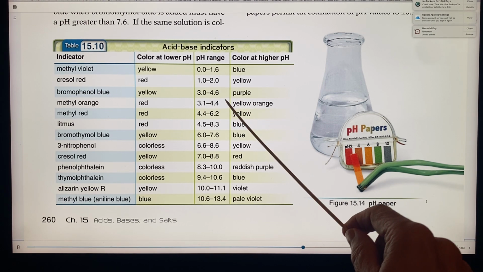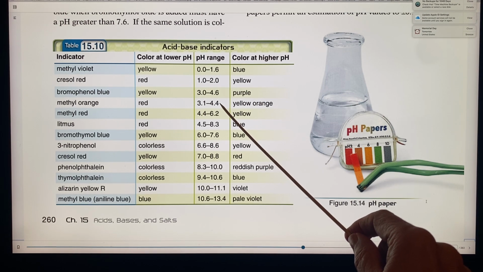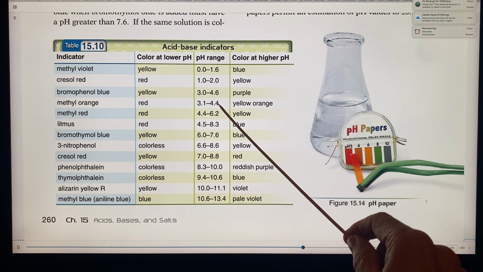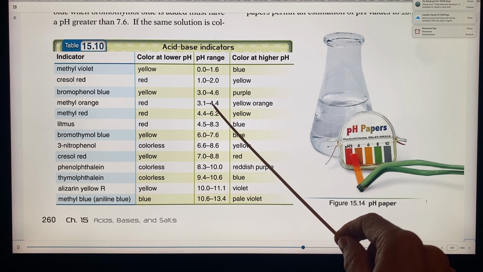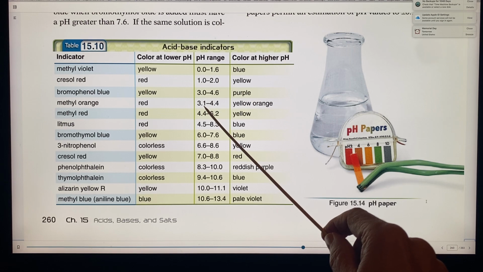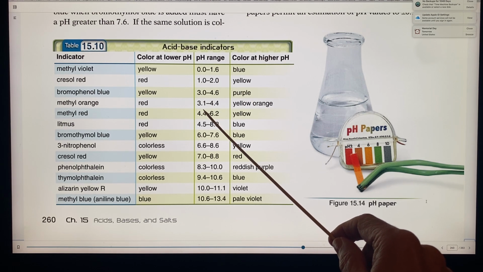It's going to turn yellow orange. It's going to be basic. And if it's orange juice, what's the orange juice? 3.5. It's going to be no change, because it's going to be right in the middle there, even though it's acid. So it's not the best indicator there.